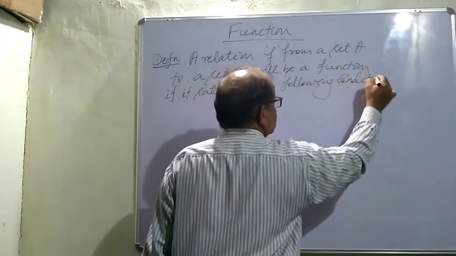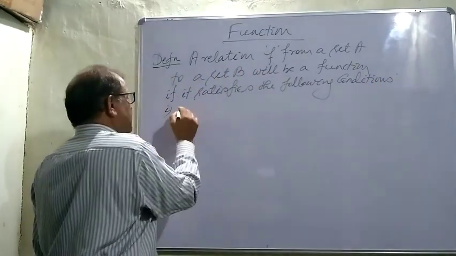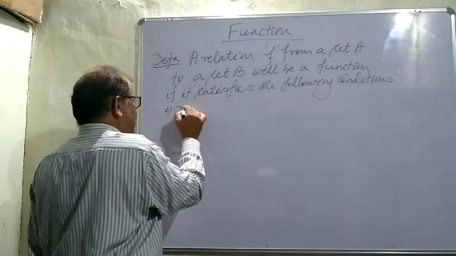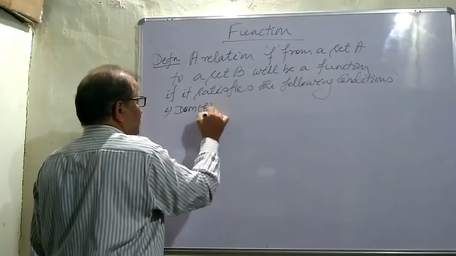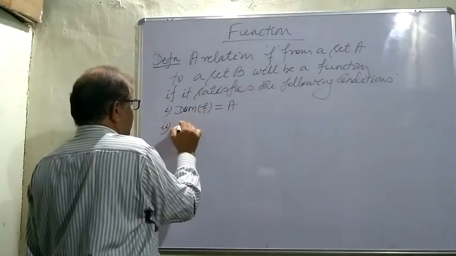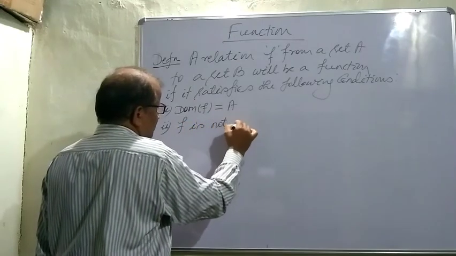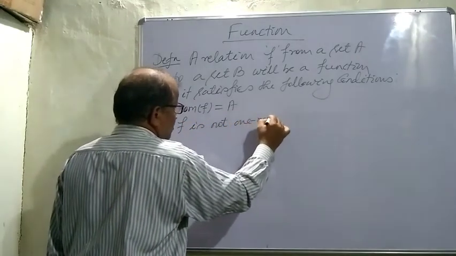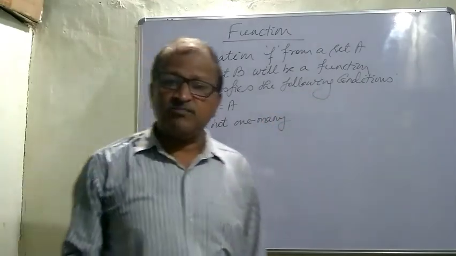What are the conditions? Number 1, domain of F is equal to A. Number 2, F is not one-many.